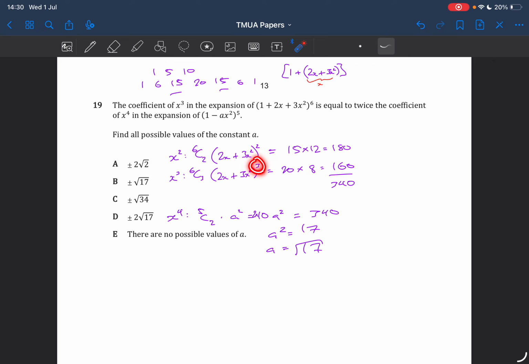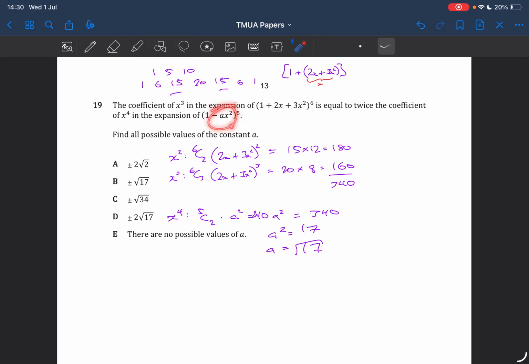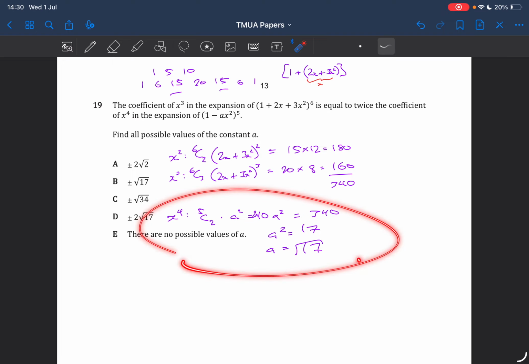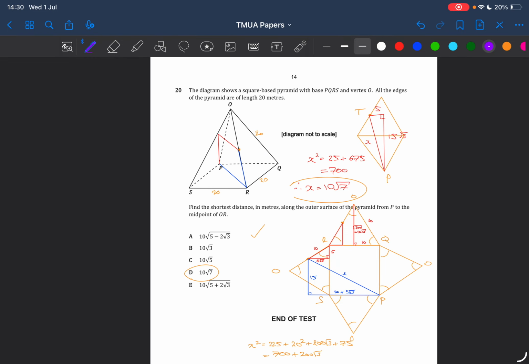If we have a higher power than that, we don't get any cubes either. Similar thing here then, we want the expansion of x to the 4. This was squared, so we looked at the second expansion. And from there, we ended up with 340 of them. So 20a squared with 340 that side, so rearranged to plus or minus root 17, which was part B. Looks good.